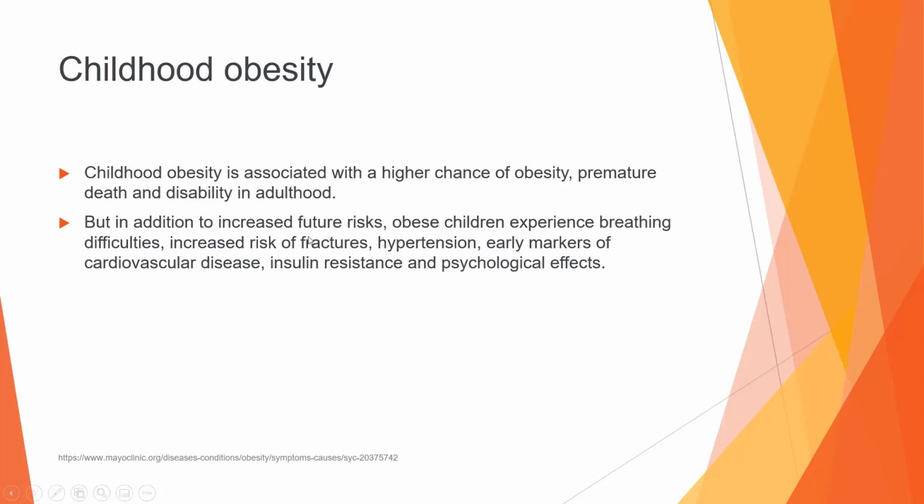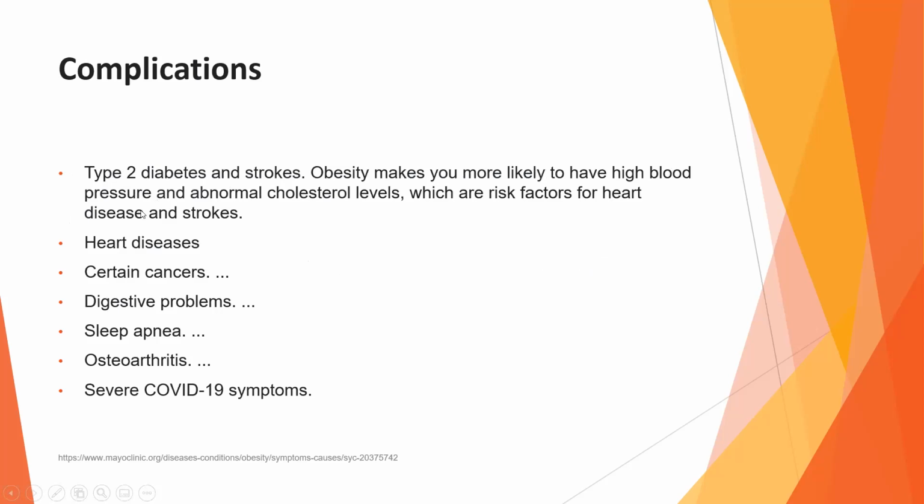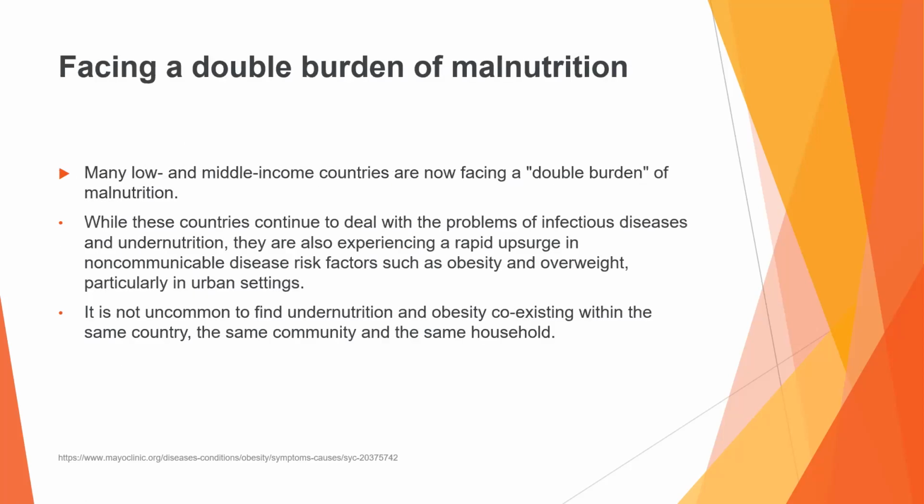In addition, obese children are at increased risk of breathing difficulties, hypertension, and early insulin resistance leading to diabetes mellitus. Overall, the topmost complications reported nowadays are type 2 diabetes mellitus, strokes, and heart diseases. Other than that, there are digestive problems, sleep apnea, and osteoarthritis, and severe COVID-19 symptoms were also reported when the pandemic cases were being reported.